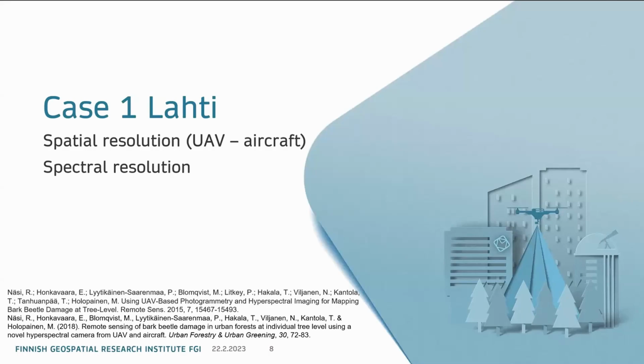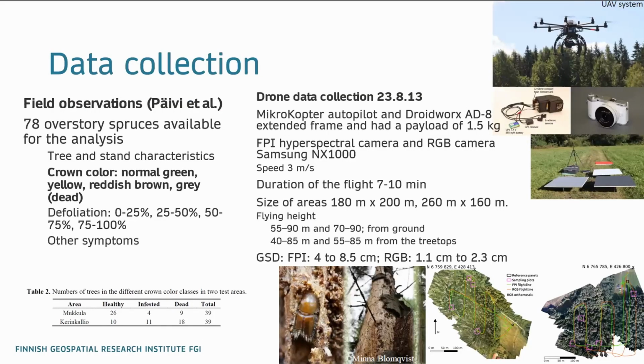And let's start with the first one. Here we have spatial resolution, and we were using UAV and then aircraft, and somehow we were also comparing the spectral resolution. Here the data was collected by Päivi Lyytikäinen-Saarenmaa and the group, and what we were using here as ground truth was actually the crown color.